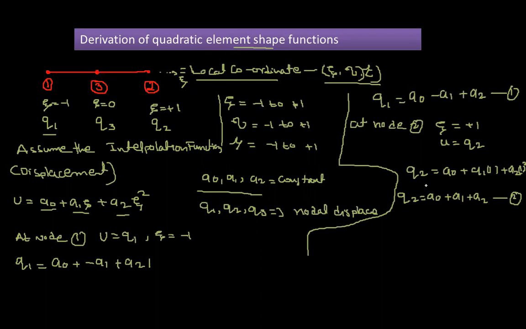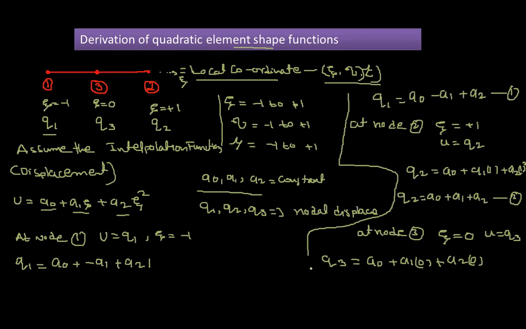To calculate the three unknowns, we need another equation. So at node 3, let us say zeta becomes equal to 0 and u would be equal to q3. If you substitute into the interpolation function at nodal point 3, q3 equals a naught plus a1 into zeta, where zeta is 0, plus a2 into zeta square, where 0 square is 0.